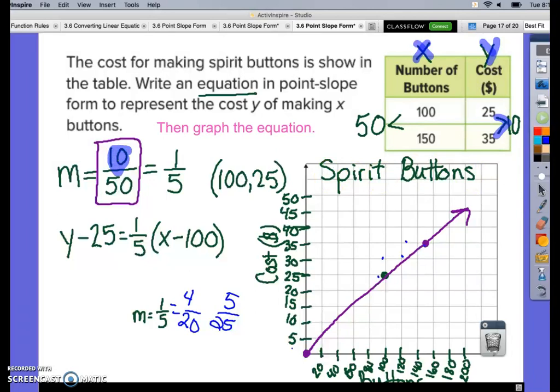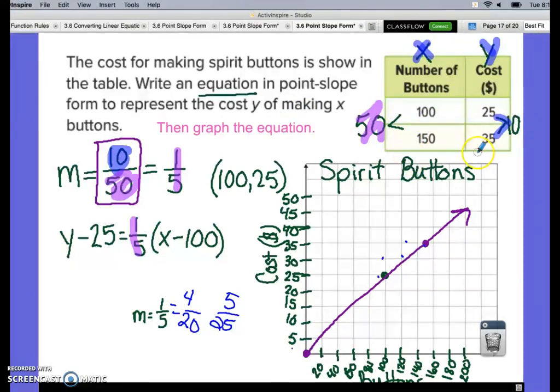And then from 100 to 150, I'm adding 50. So that's where this 50 comes in. I have 10 over 50 as my slope. I can reduce it down to 1/5. That goes here. Then we can choose either one of the points, either 100, 25 or 150, 35.